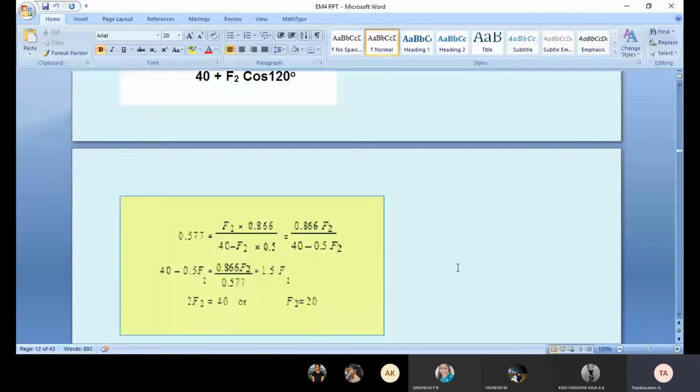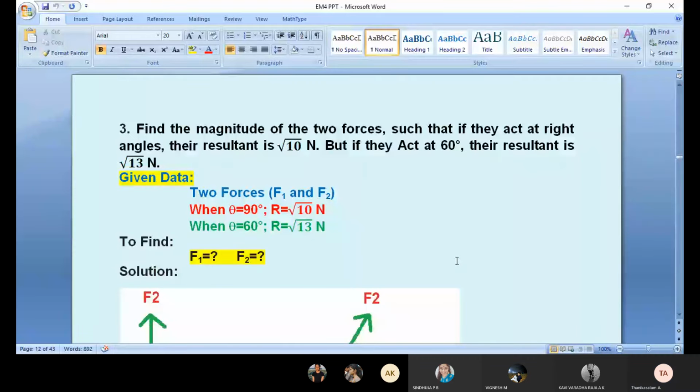Okay, then the next problem. Can you read the statement? Find the magnitude of the two forces such that if they act at a right angle, their resultant is root 10 Newton, but if they act at 60 degrees, their resultant is root 13 Newton.